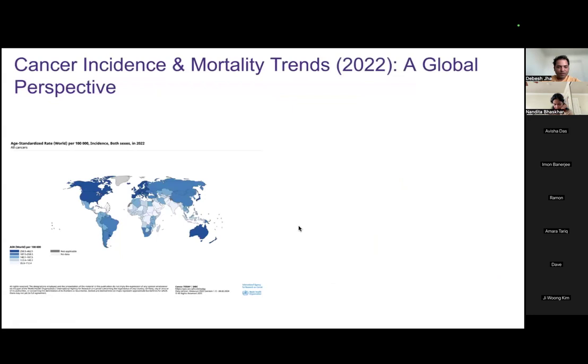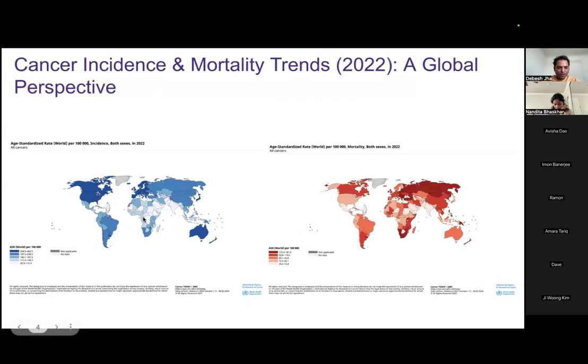Now, let me show you some cancer incidence and mortality trend. If you see by continent wise, you can see, for example, North America, Canada, Russia, China, etc. Even Europe has the highest incidence of the cancer.